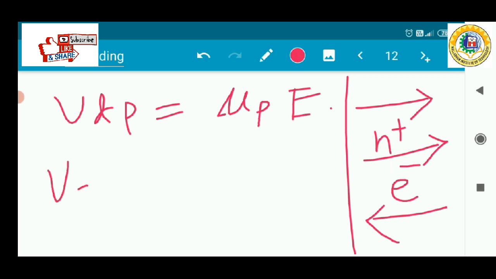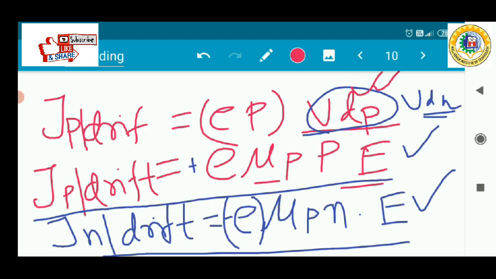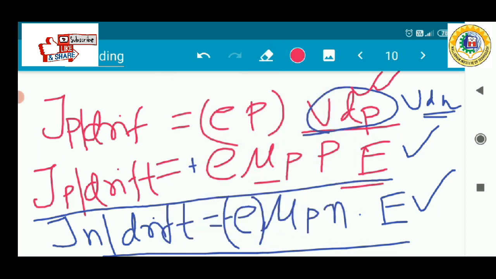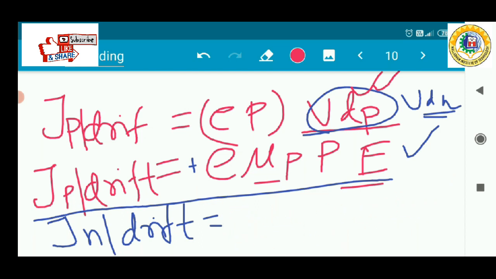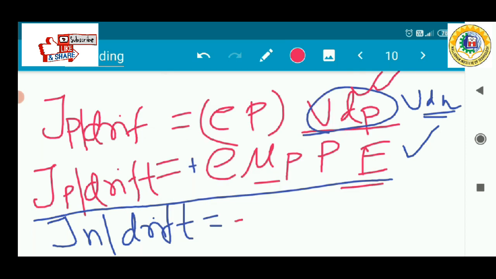So for this understanding, your Vdn. Here the electron charge is negative, this is minus E, the carrier concentration is n, and this is your Vdn.